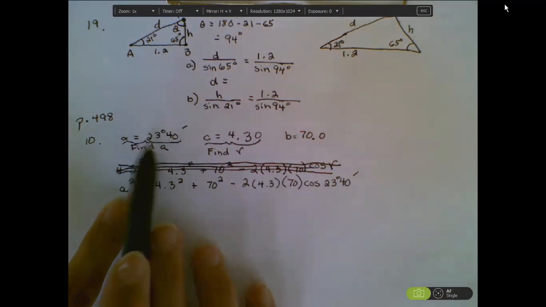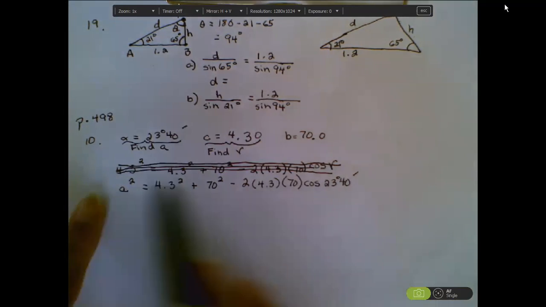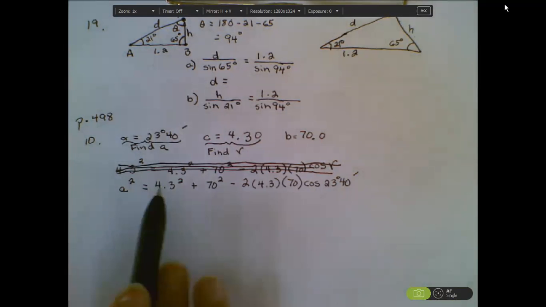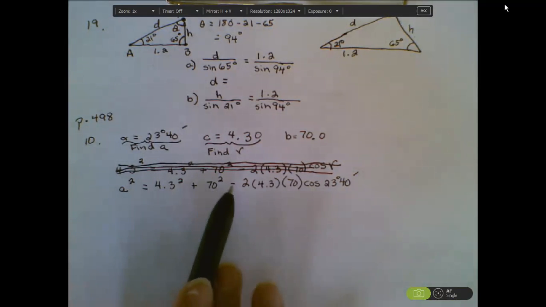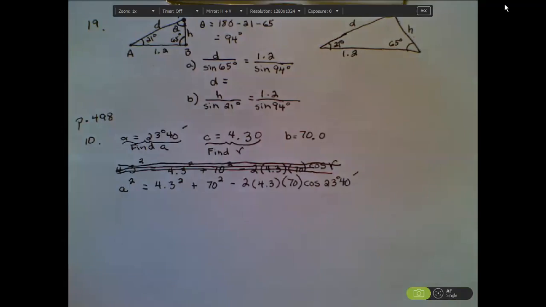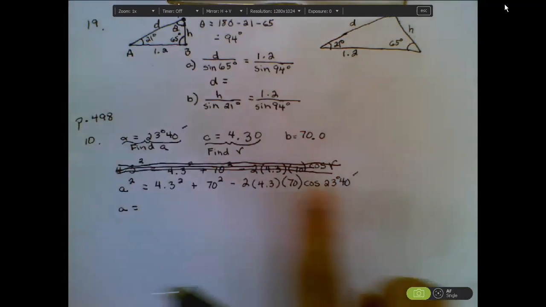If I'm given alpha and I want to use it on the right-hand side, I've got to start with A on the left-hand side. A squared equals B squared plus C squared minus 2BC cosine alpha. And if I'm solving for A, all I have to do is take the square root of both sides. So I'm not even going to write this down anymore.